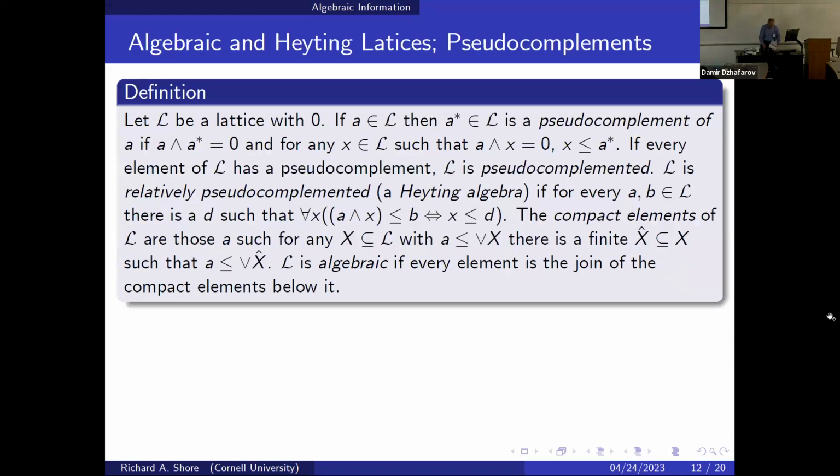Okay, so now I want to move into more esoteric lattice theoretic properties. I should thank Marcia for this, because I learned about these lattice theoretic notions as a result of some work that I did with Marcia Groszek on the initial segments of degrees of constructibility.